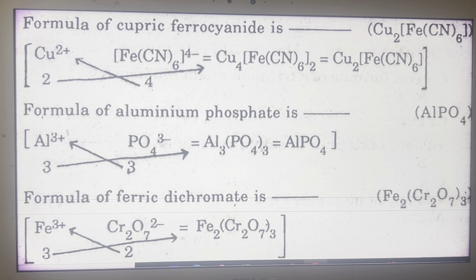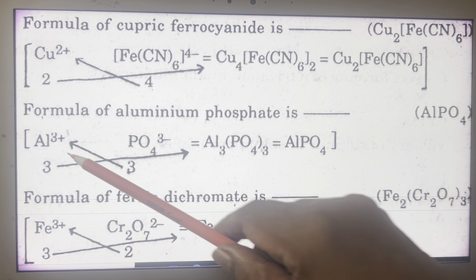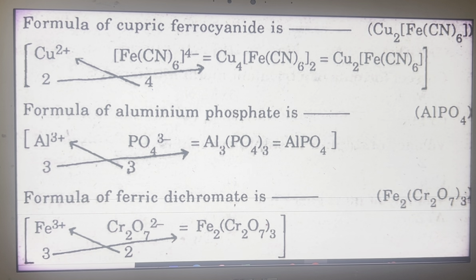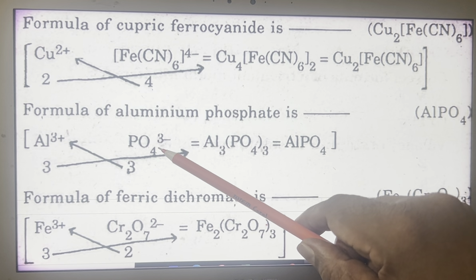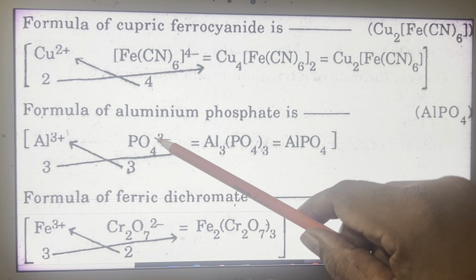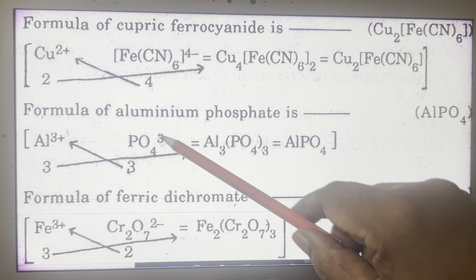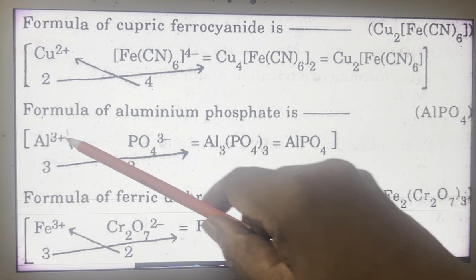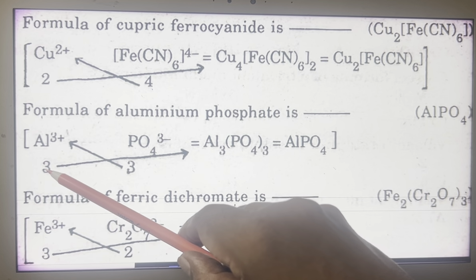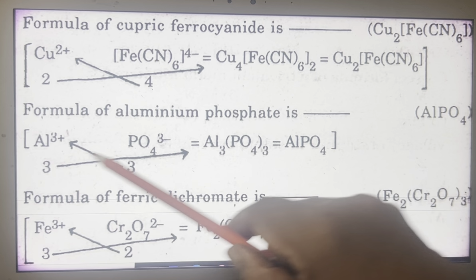Formula of aluminium phosphate. Aluminium is a third group element, so aluminium has 3 plus. Phosphate ion is 3 minus. Phosphate ion, from phosphoric acid H3PO4, 3 H plus, so 3 plus or 3 minus; phosphate ion has 3 minus. The valencies are 3 and 3, because you simply crisscross.